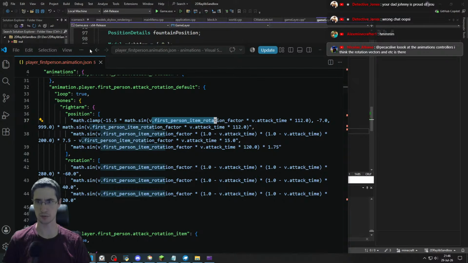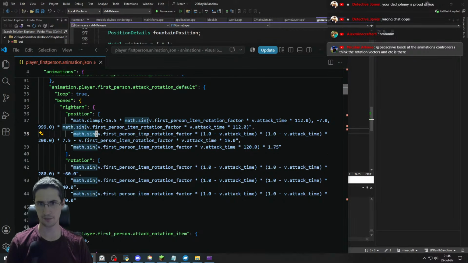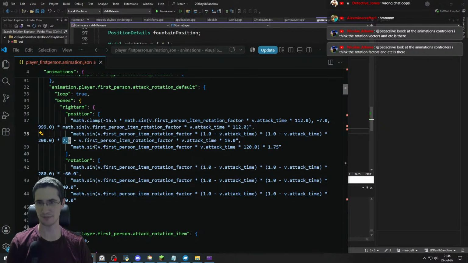We need two variables for the x, right? What about for the next one? For the next one, it's a sine. Oh, it's just attack time, like chat said. It's just one variable, attack time. Okay, let's just do attack time, chat.